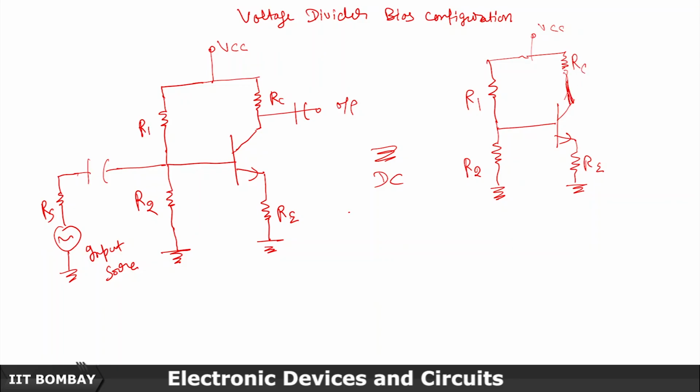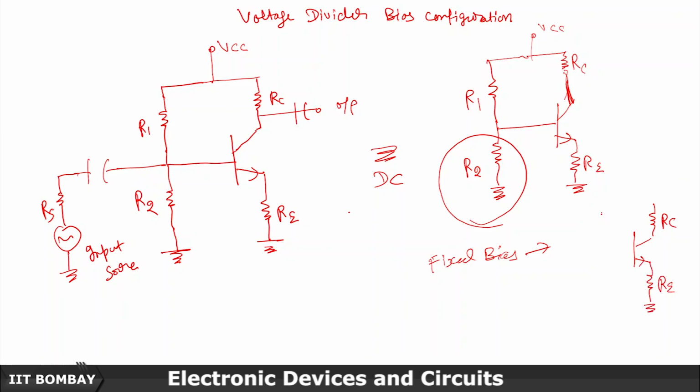Here, if you compare with the fixed bias case, the addition is this resistance. This is new. In the fixed bias case, the DC equivalent was just RC, RE, and one base resistance RB, and both were connected to VCC. That's the difference between the fixed bias and the voltage divider bias.